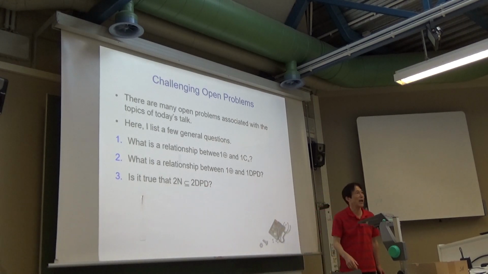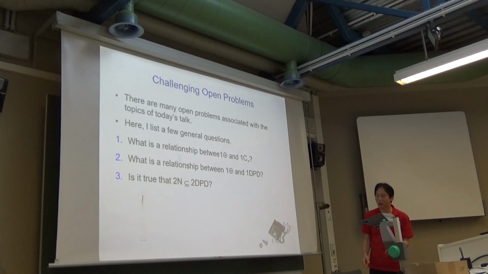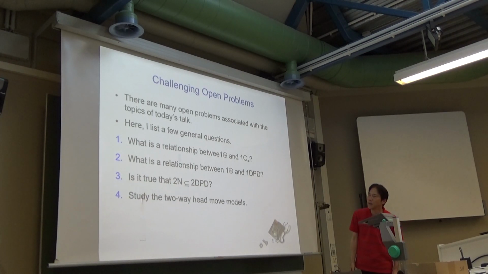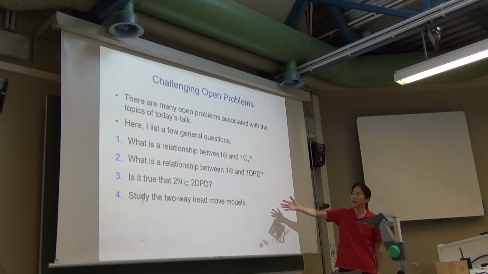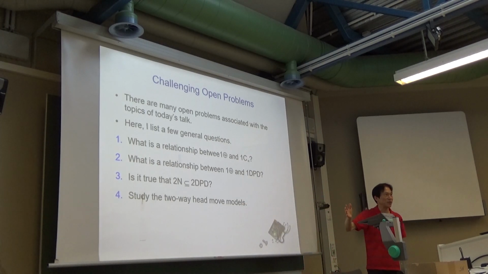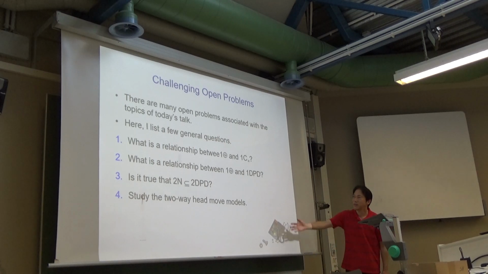I'm not quite sure how we simulate those non-deterministic 2N lines. The last one is, as I said, the 2N model is really hard to analyze or to show separation for, because we need an assumption like L is different from NL in a non-uniform setting, so to speak. So everything is really different.